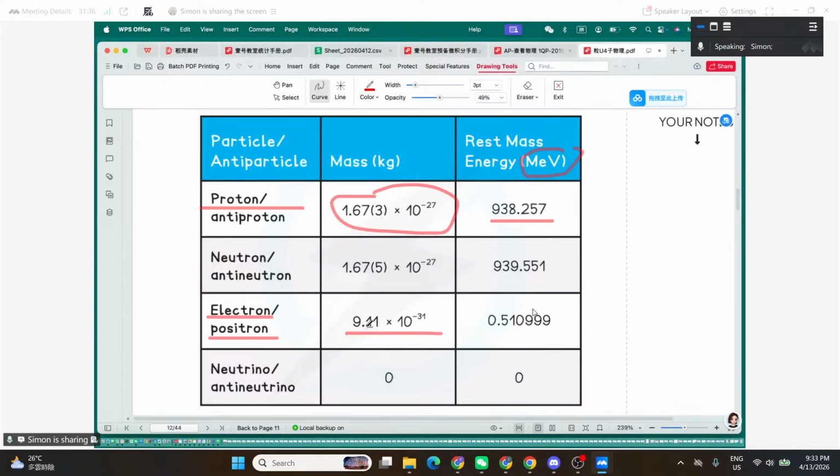The mass is 9.11 times 10 to the negative 31. And the neutrino has no mass, so no energy. No mass represents no rest mass energy, right? No problem.